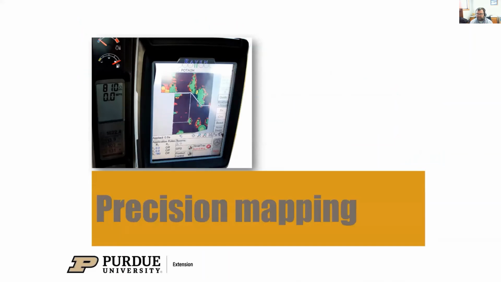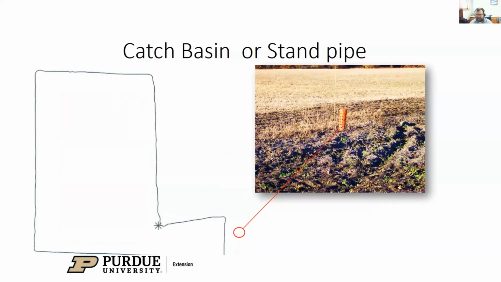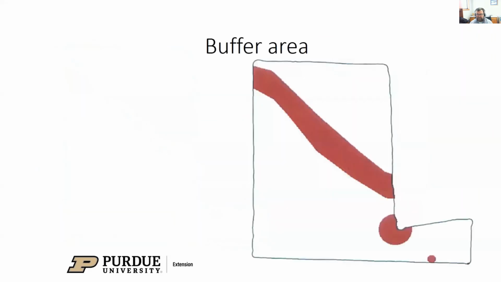And one thing that I wanted to highlight here is precision mapping. These are just some examples of how, with precision ag, you're mapping these things out. You've got the well point, the catch basin or standpipe, and your ditches, so these are all buffer areas.